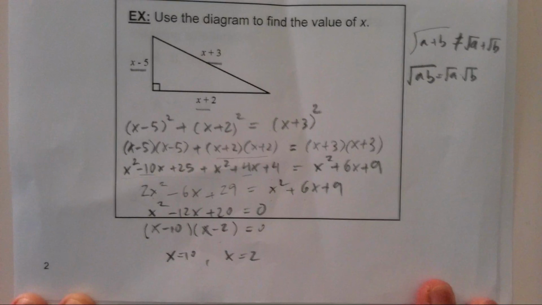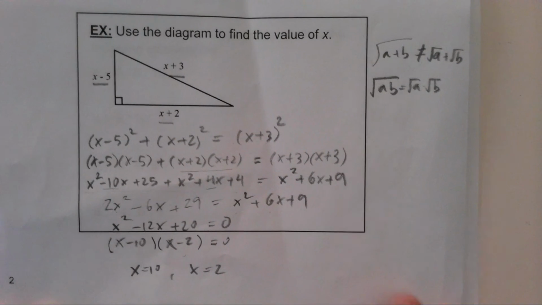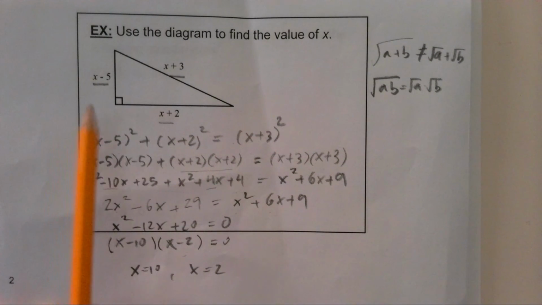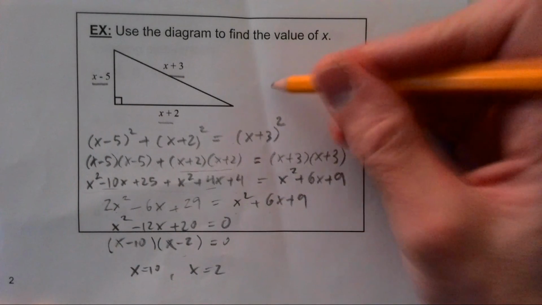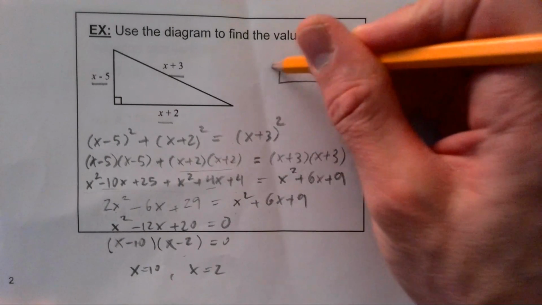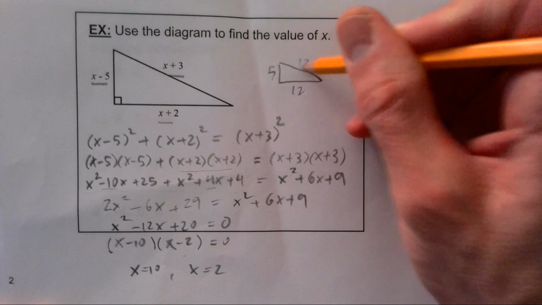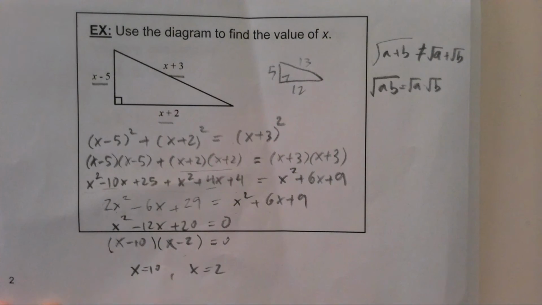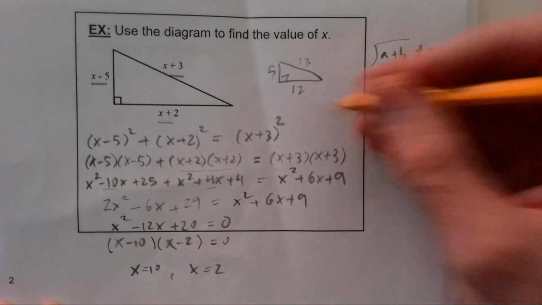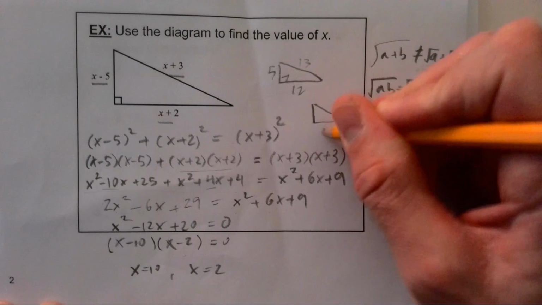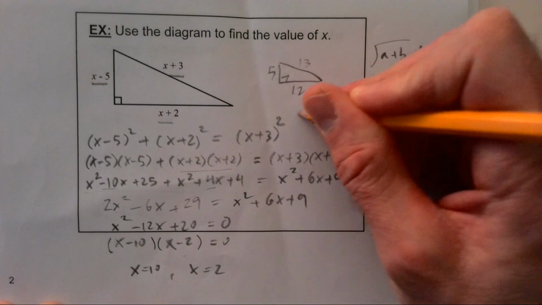So we always want to check if those work. If you do plug in a 10, you're going to get a triangle that looks like this. 5, 12, 13. Oh yeah, 5, 12, 13. That works. If you plug in a 2, you're going to get a 4, a 5, and a minus 3.